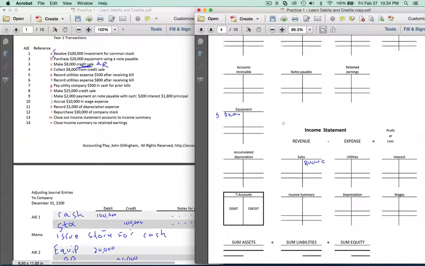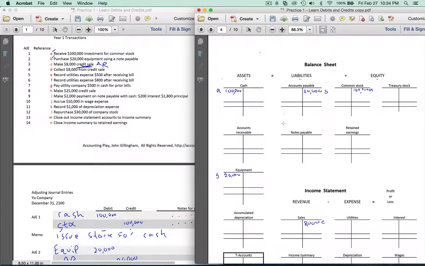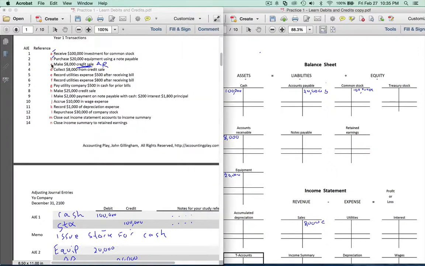Now, maybe you don't know what the offset is, so you just know it's a debit because it's a credit over here, but it's a credit sale. We're going to go ahead and put this at 8,000, and this will be C. Now we go here.